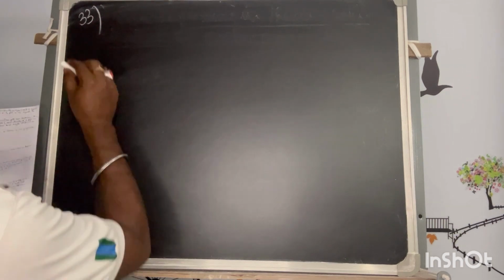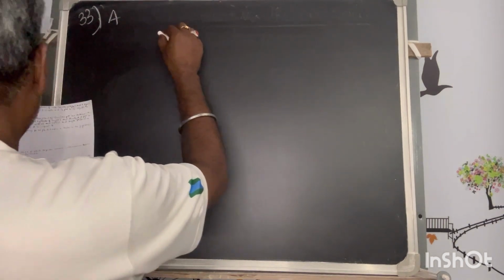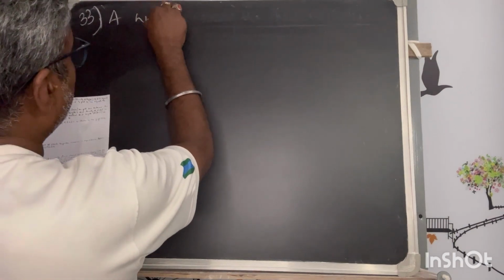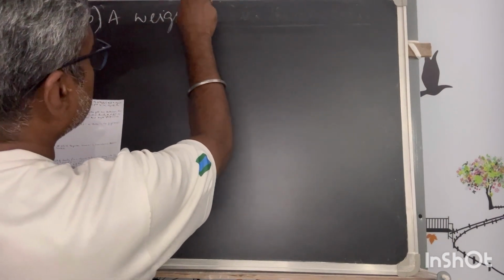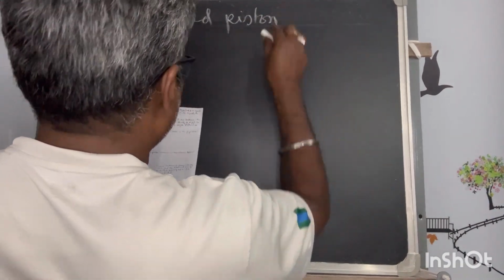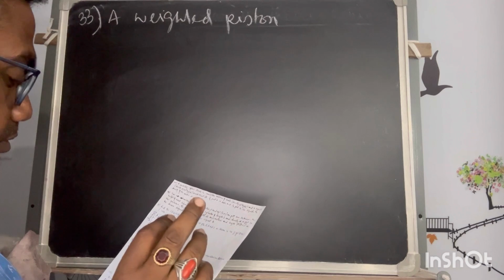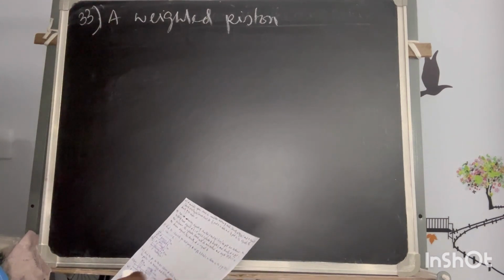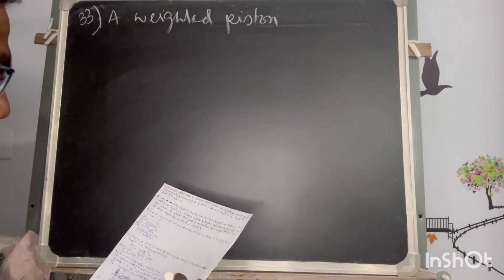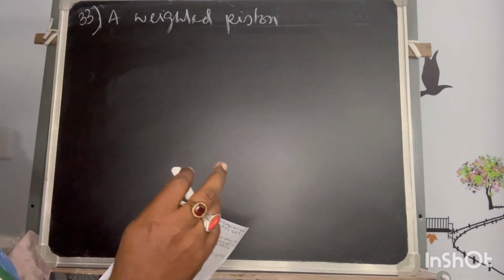A weighted piston. In the earlier problem, one thing was given that I have not discussed, but it does not contribute anything to the problem: the piston was massless and frictionless.